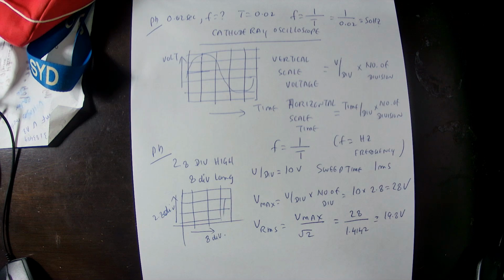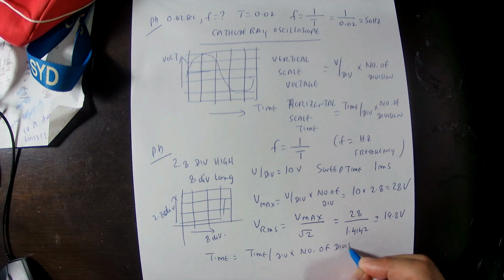Similarly, we can also calculate the time. Time equation is time per division multiplied by number of divisions. So time per division scale, we select 1 millisecond. Number of divisions here we got 8 divisions.